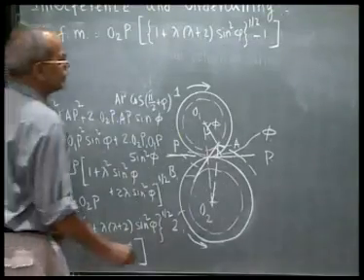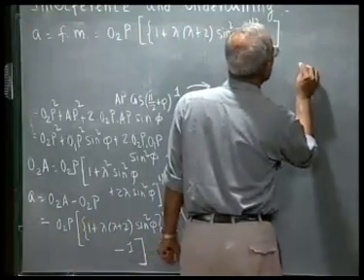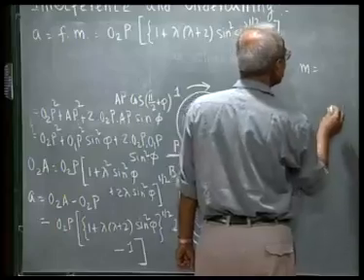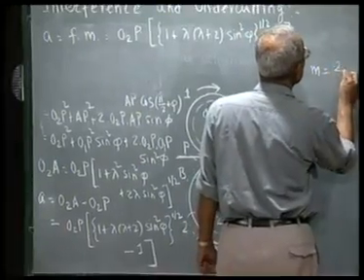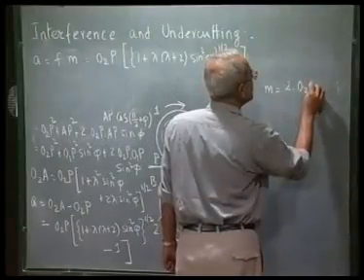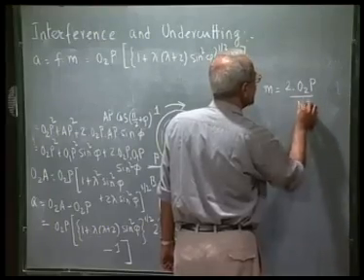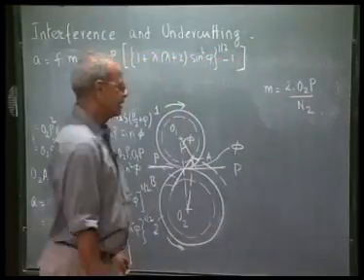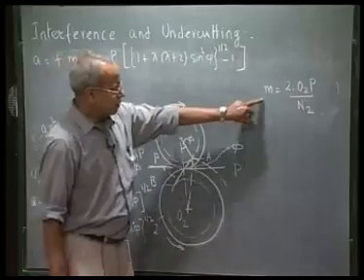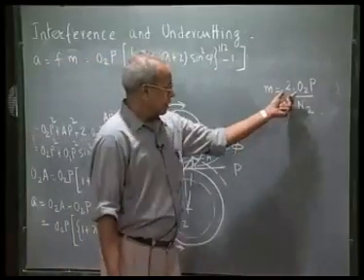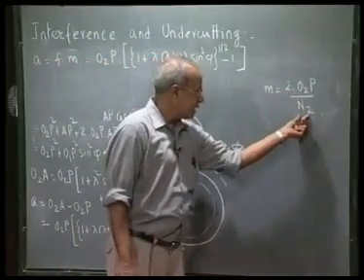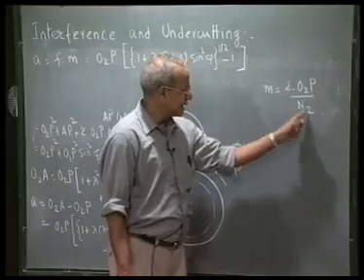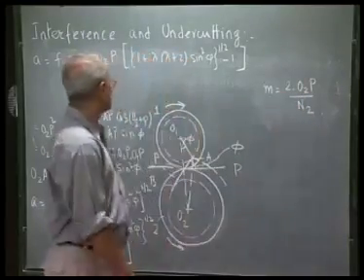And if you remember, what was the module? Module was 2 into Rp divided by number of teeth. Module by definition is pitch circle diameter by the number of teeth. Number of teeth of the second gear, pitch circle diameter of the second gear.